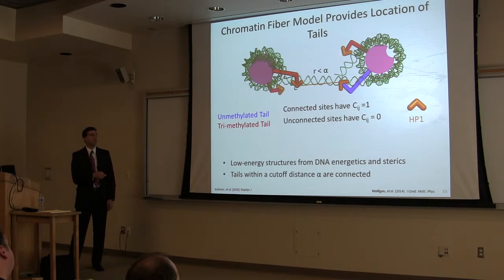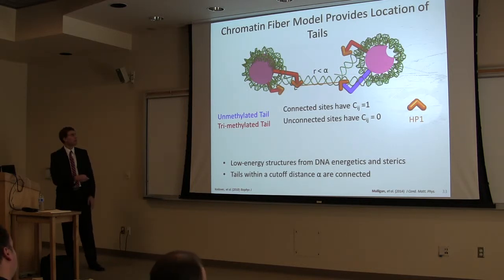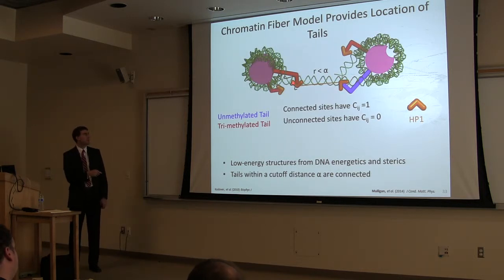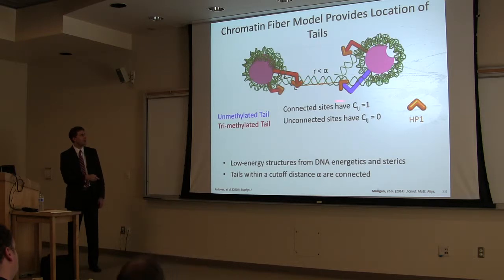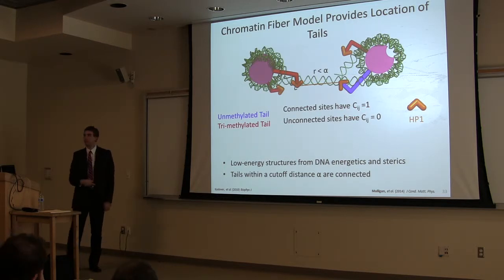So we define a distance alpha, which is the maximum distance over which these two proteins could interact. We can define a connectivity between the different tails based on how far away they are. Connected sites that are within this distance alpha will equal 1 in this matrix, and otherwise they'll be unconnected, they'll be 0.